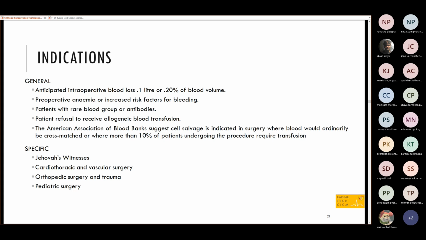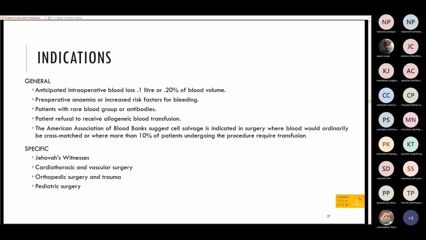It can be applied to other vascular surgeries like aortic surgery, dissection surgery, and aortic repair for aortic aneurysms. This kind of surgery has a high risk of blood loss.